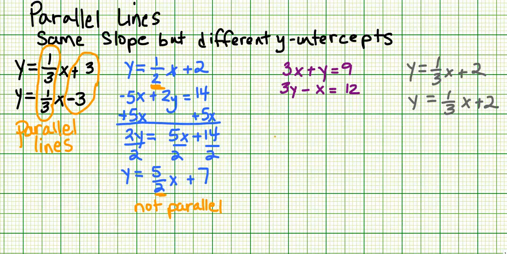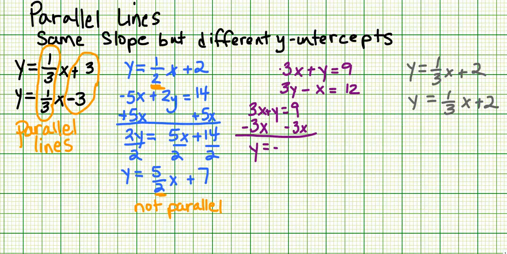Okay, now we do the same thing for the next two equations. The first equation, we've got 3x plus y equals 9. If I want to get y alone there, I'm going to have to do some changing, some manipulating. And if I move the 3x over to the right, I want to subtract it because it's positive already on the left. y equals -3x plus 9.